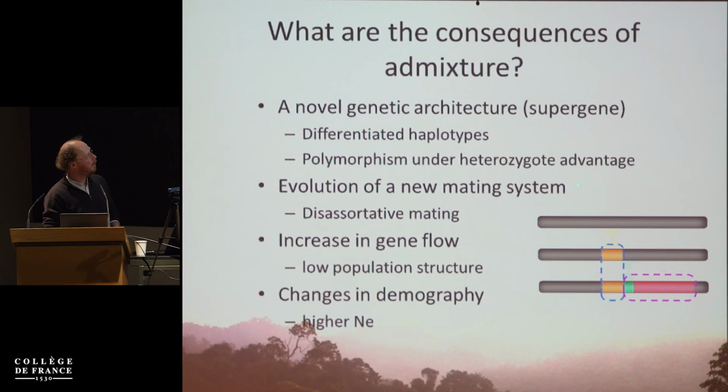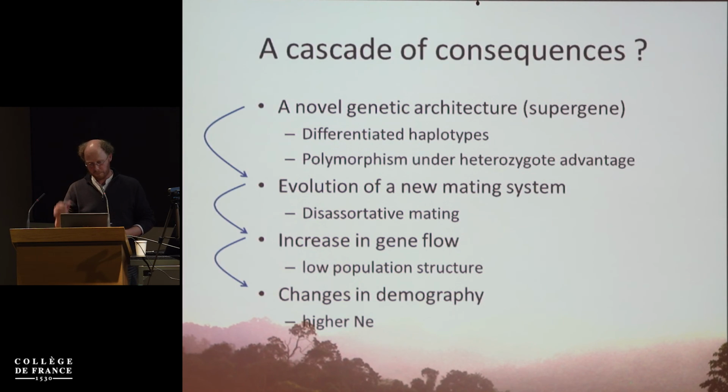It's fostered the evolution of a new mating system, an increase in gene flow, at least at the level of the Amazonian range, and changes in demography, at least as shown by higher Ne, which shows that the size of the populations on which adaptive diversity is drawn from is actually huge.